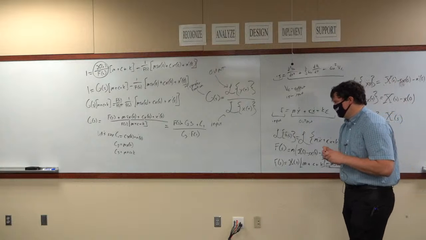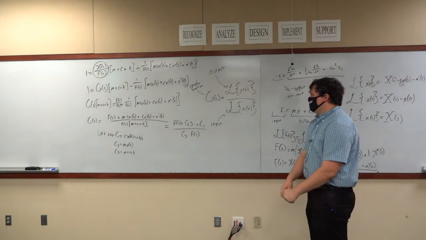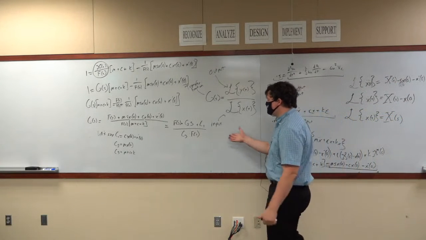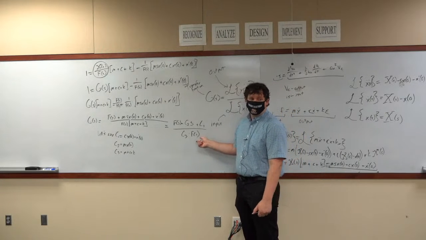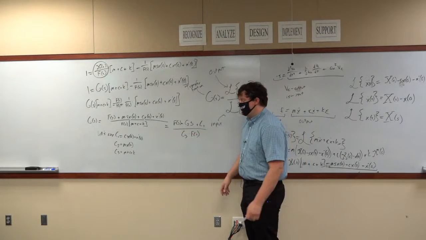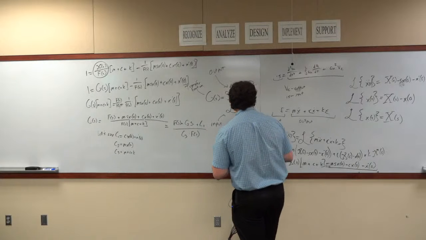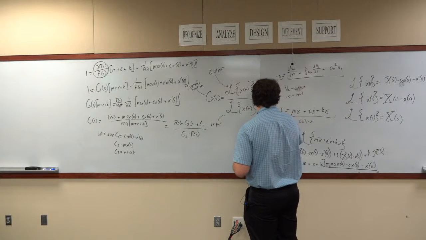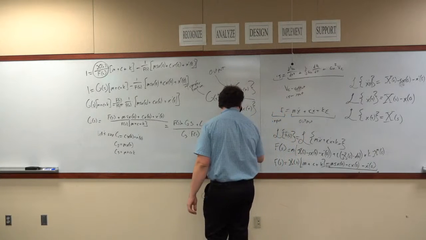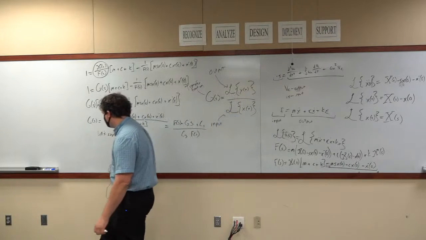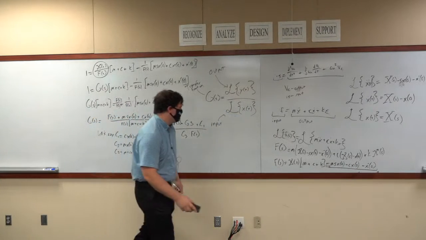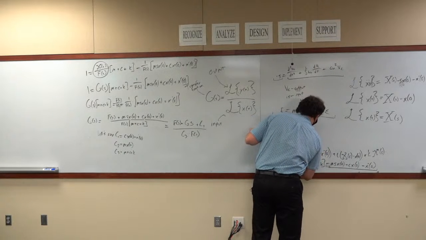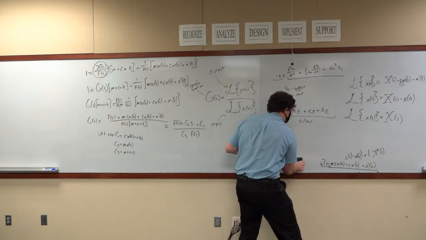Okay? This is solvable if we know what F of s is. Let's say that the forcing function here, I'm going to go ahead and erase this part of the board. Let's say that our forcing function is just a constant force.